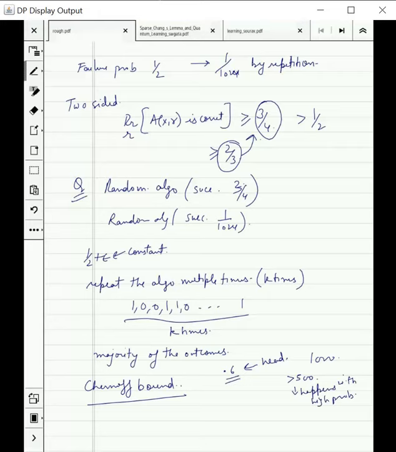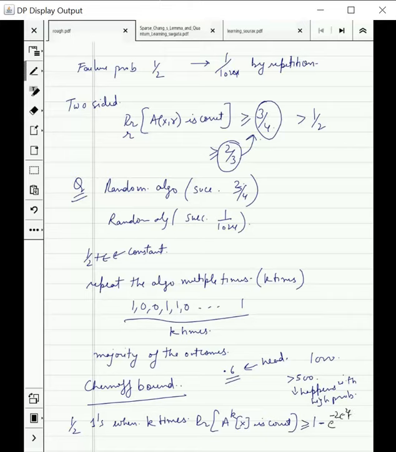So if the probability of getting 1 here, or the correct answer here, is half plus epsilon, then the probability of getting more than half ones when the experiment is repeated k times, so now my algorithm I'm calling A^k(x), so A(x) repeated k times, is correct with probability more than 1 minus e to the minus 2 epsilon square k.